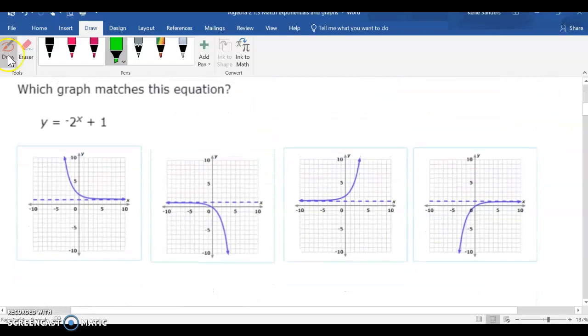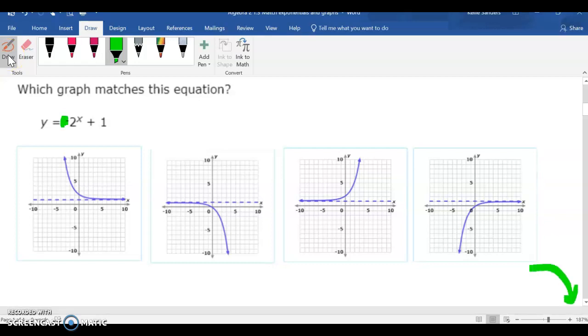Okay. On this, it's negative. So it's going to be going down at a faster rate. And there's only one that does that. But the plus 1, so it's going to have a horizontal asymptote at 1.